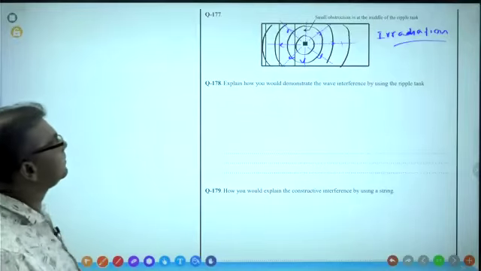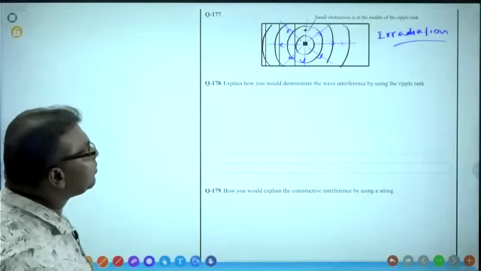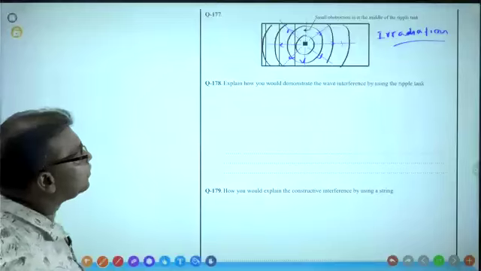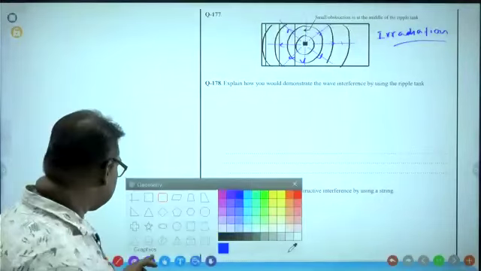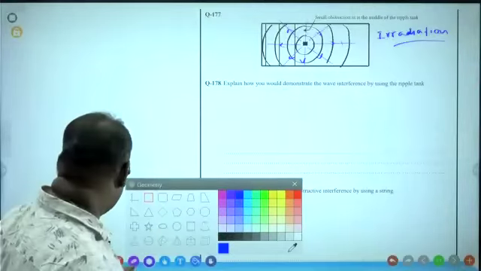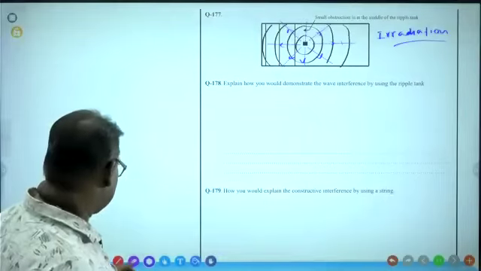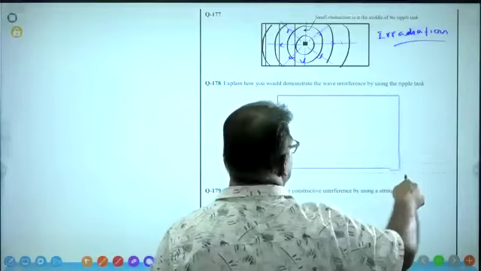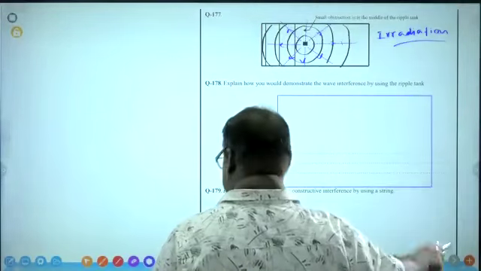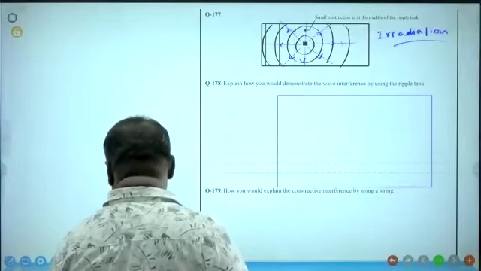Okay, 178. Explain how you would demonstrate wave interference by using the ripple tank, right? To achieve this, we need two rotating motors, like this.